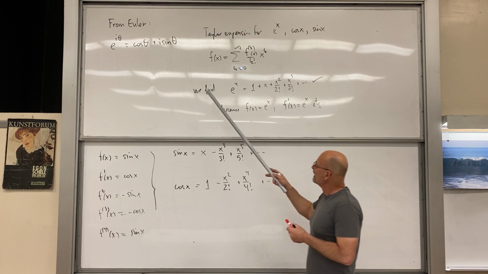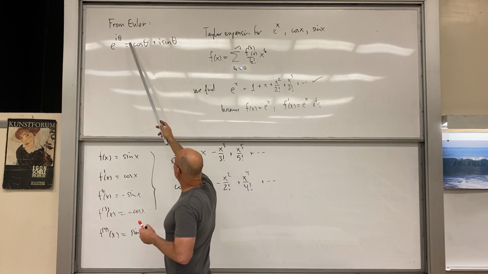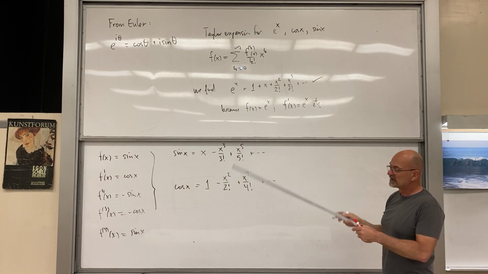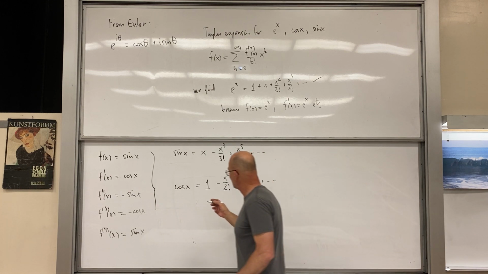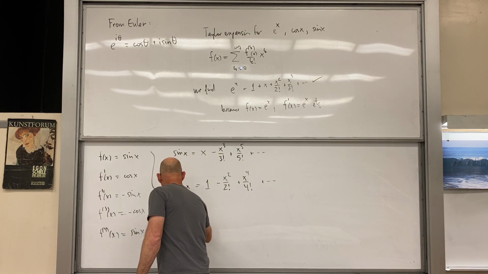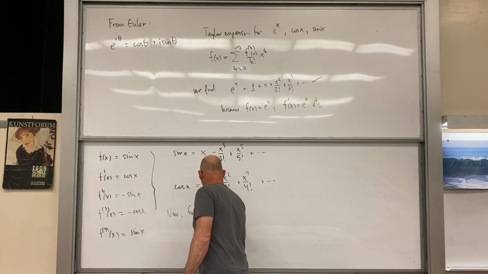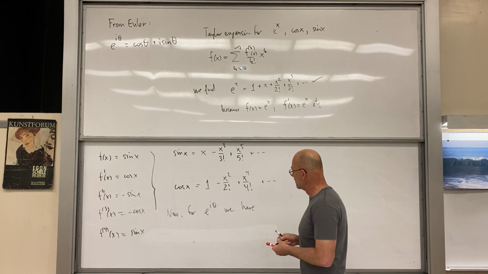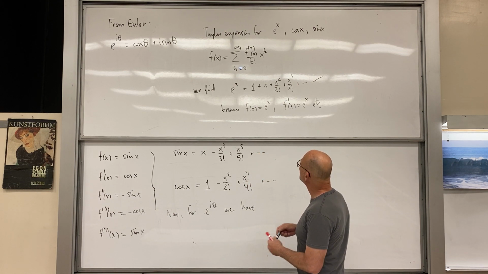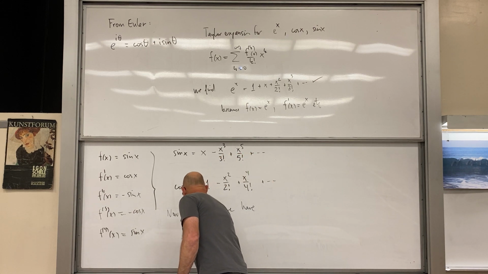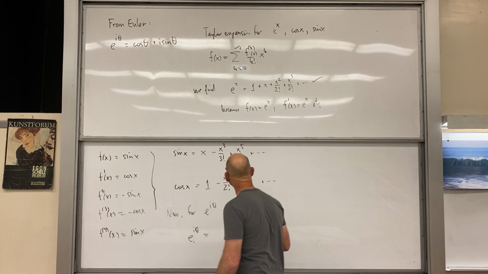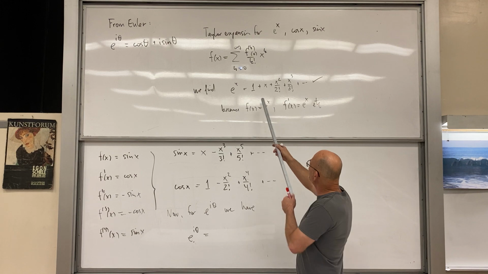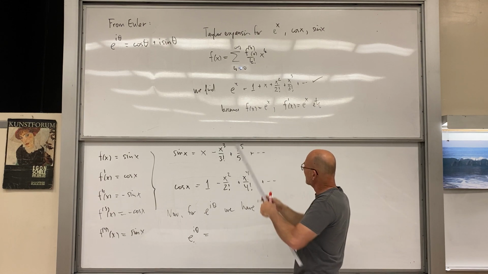And now, instead of x, we go ahead and use i times theta for our exponential. Okay. Now, for e to the i theta, see, what do we have here? e to the i theta is equal to, we already have, we can just replace x with i theta, okay?